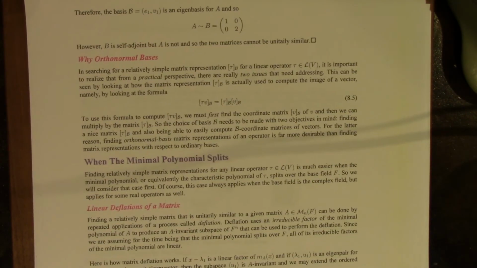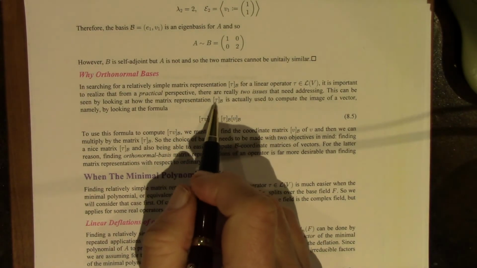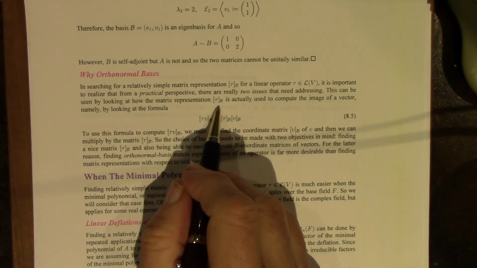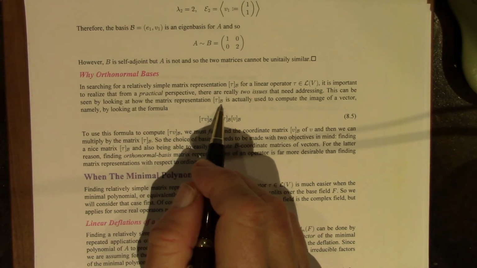In searching for a relatively simple matrix representation for a linear operator, it's important to realize that from a practical perspective, there are really two issues that need addressing. And we can see that by looking at how a matrix representation is actually used to compute the image of a vector. That's what it's all about.